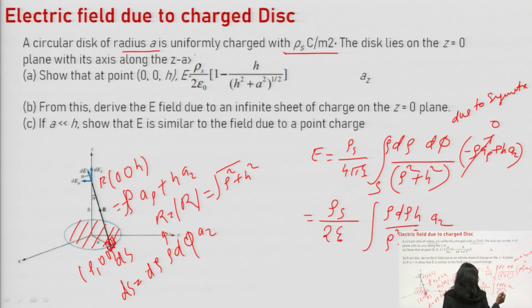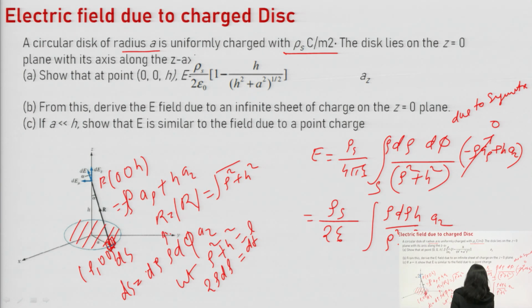Then let us call it t. Let rho square plus h square be equal to t, so 2 rho d rho will be equal to dt. So again here we will simplify it and it will give rho s.